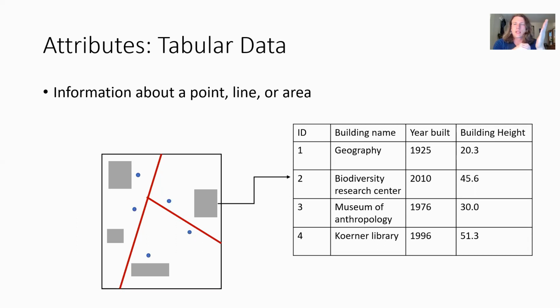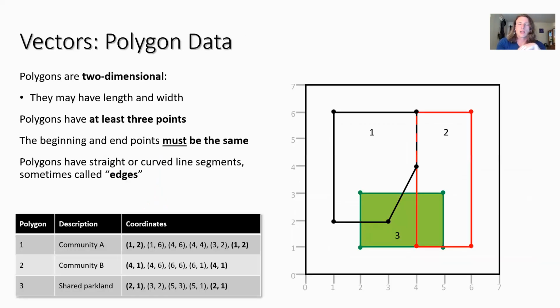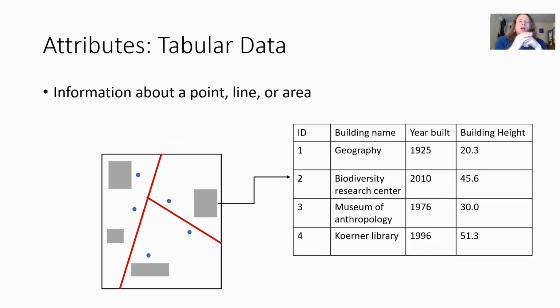The spatial information, which is all of the coordinates for the polygons, has associated with it an identifier for each individual shape. One building might have ID number 1, another one has ID number 2. I'm showing the link for ID number 2, for instance.